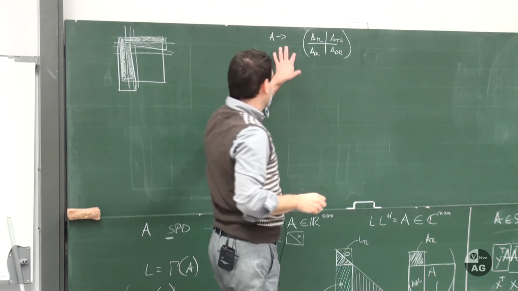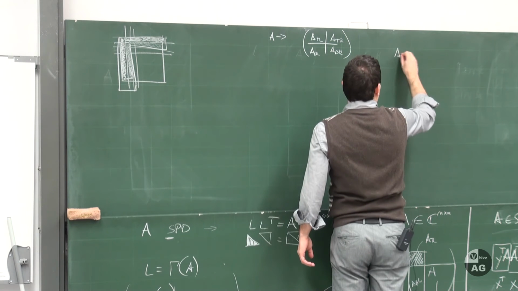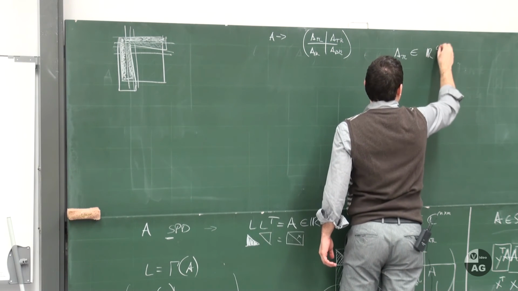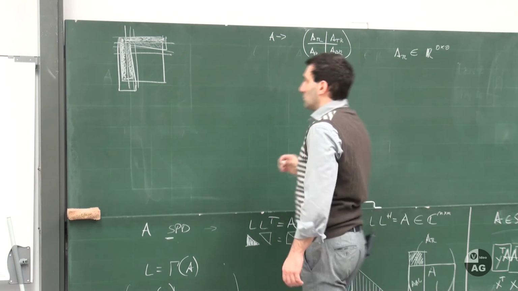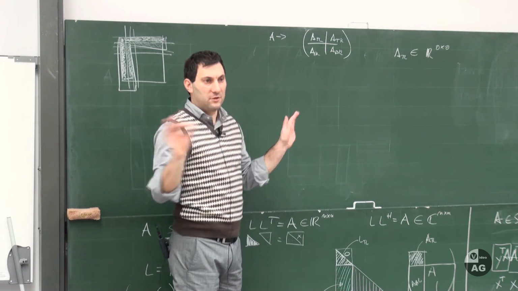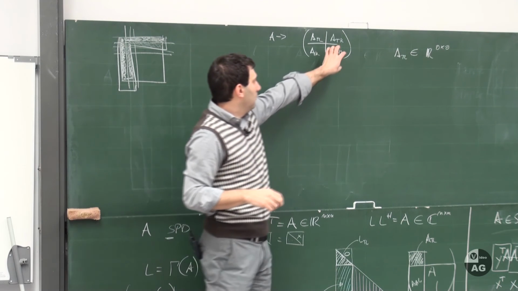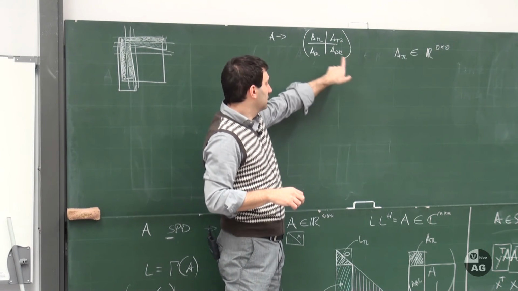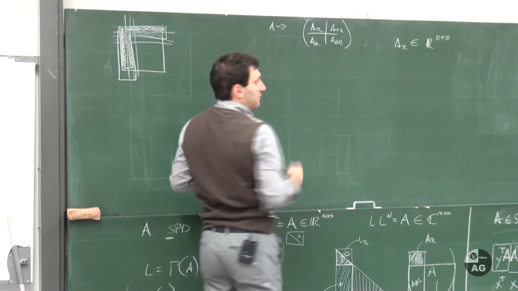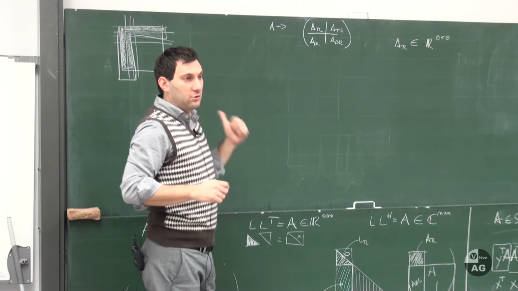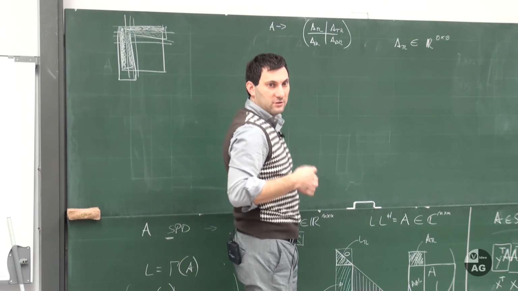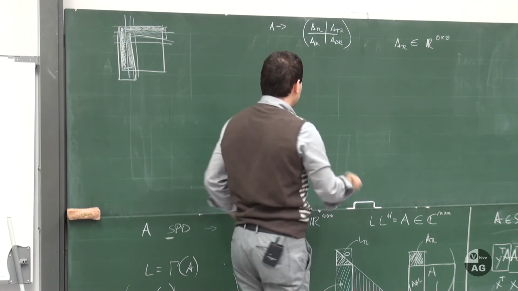And I initialize this by saying that A top left is 0 by 0. So basically, I start off the computation by saying A top left is empty. I have done absolutely nothing. All of the work is in A bottom right. A top left will contain the solution, what we have computed so far. A bottom right will contain what we still have to do.